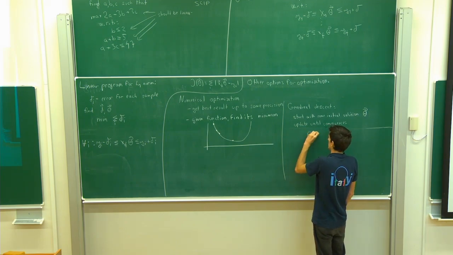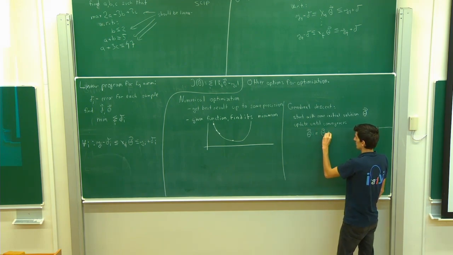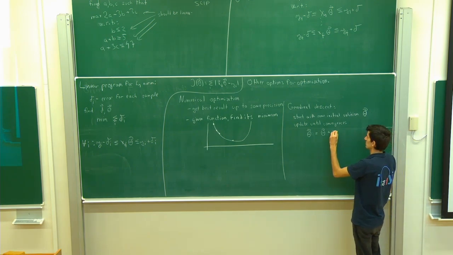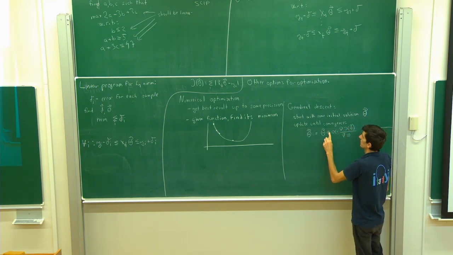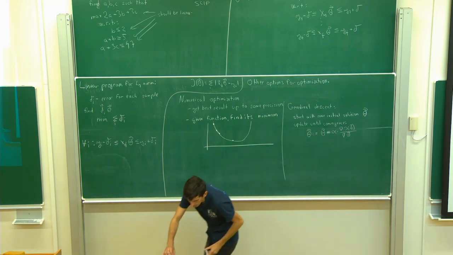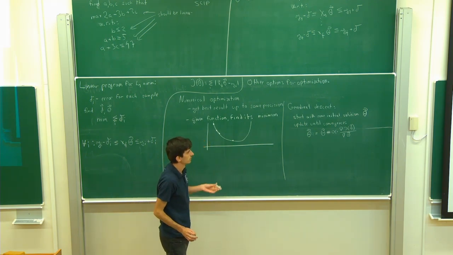We just say the new theta is theta plus some step, and here you take a derivative of the error function with respect to theta, and here should be a minus because you want to go down. I hope I wrote it in the right way.